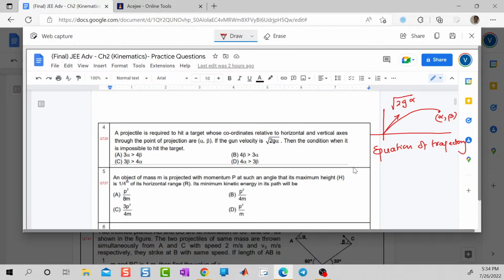Let's quickly find that, but even if you don't remember, that's fine. So where do we get it? We have three equations for the projectile motion, two in the vertical direction, one in the horizontal direction.